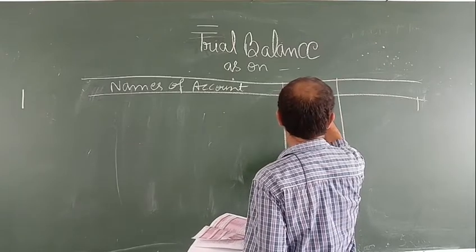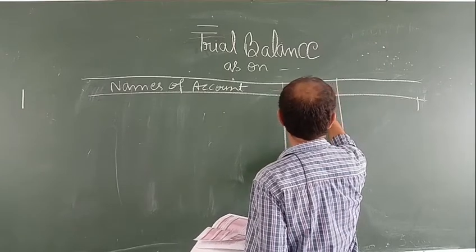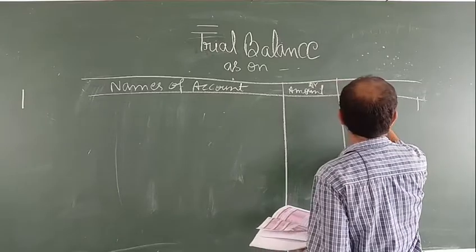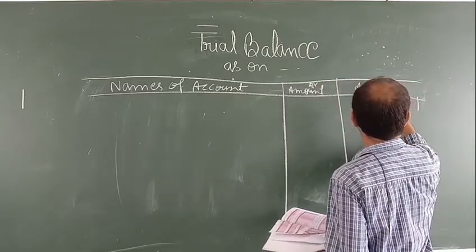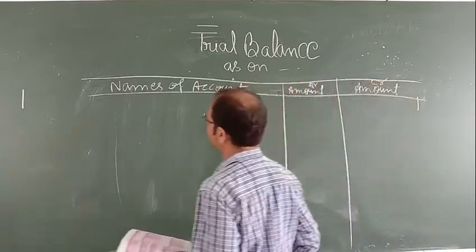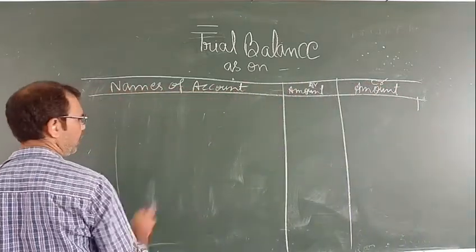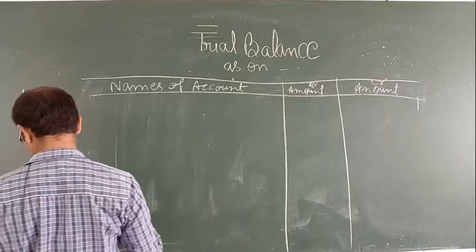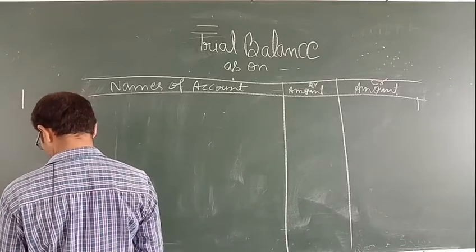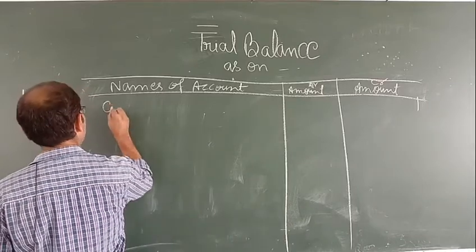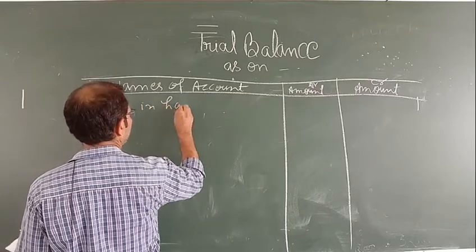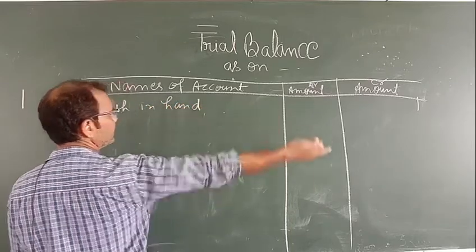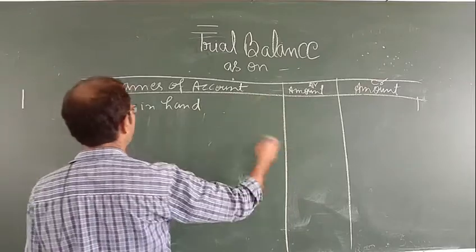Amount debit, and amount credit. Firstly, we will write down here all the account names. Cash in hand. After writing the name, we will record here the amounts of the account.